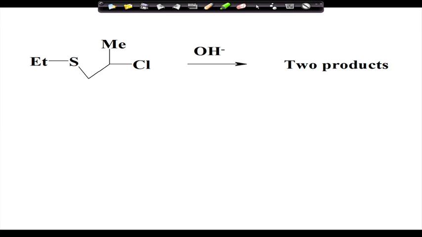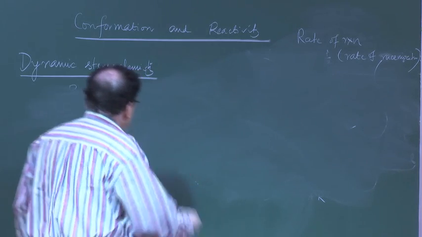Okay. This is the same example, but you have to see that this says two products. This we can take up very quickly before we finish this part. See, what was the problem?